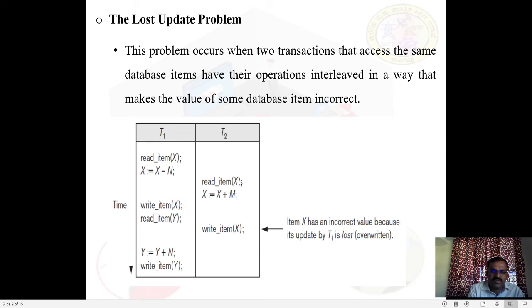So transaction T2 accesses 80. 80 plus 4, 84.